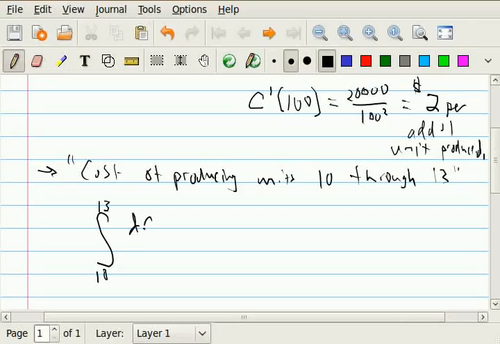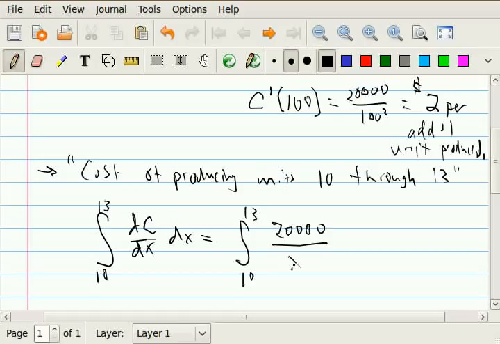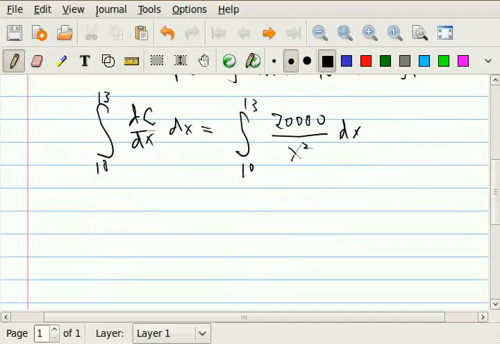So we need to integrate this marginal cost with respect to x, from 10 to 13. So we're going to integrate from 10 to 13 the function 20,000 over x squared, because that's the rate we want to accumulate over this interval of units.